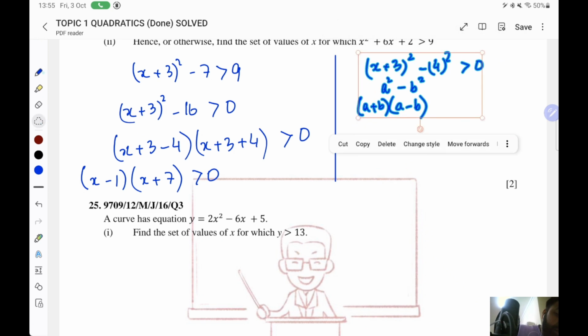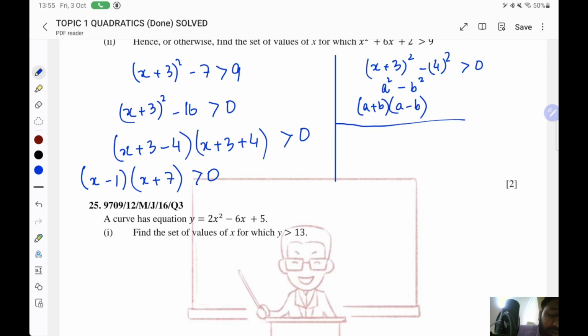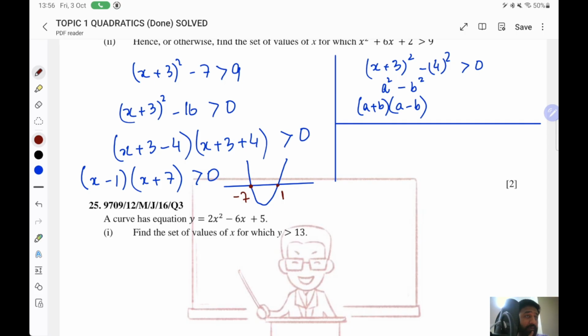The graph is going to look like this. So the critical values are minus 7 and plus 1, right?